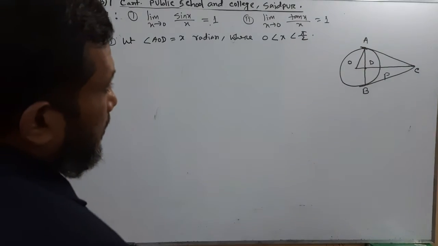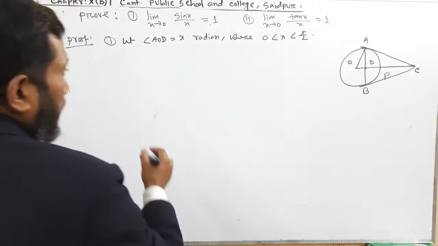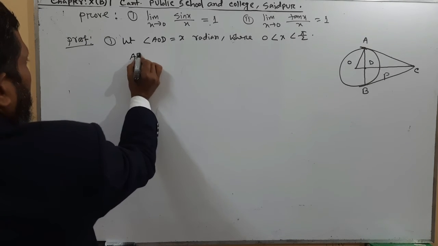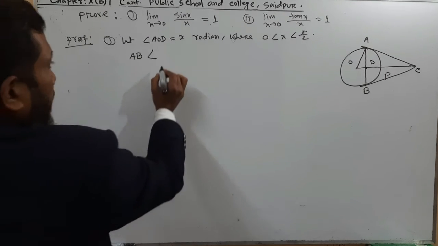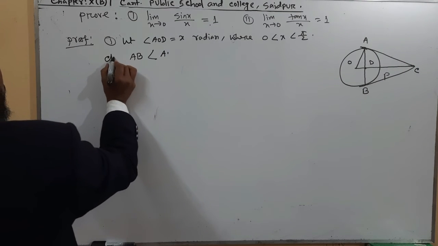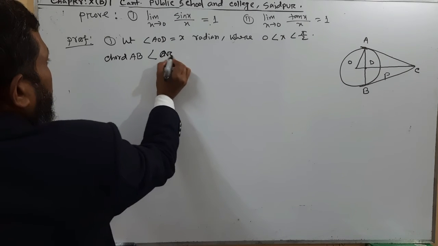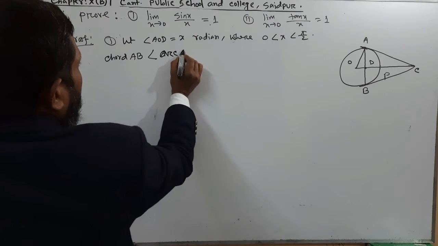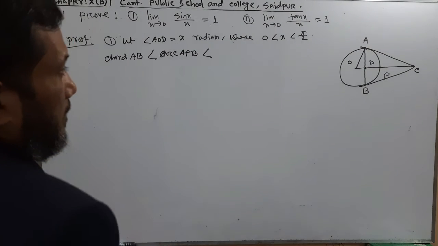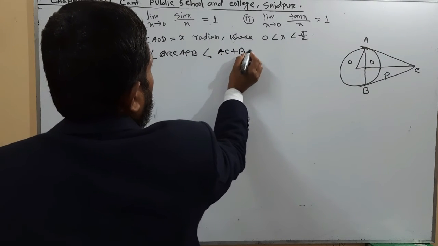According to this figure, we see that AD, that is half of chord AB, is less than arc APB, which is less than AC plus BC.